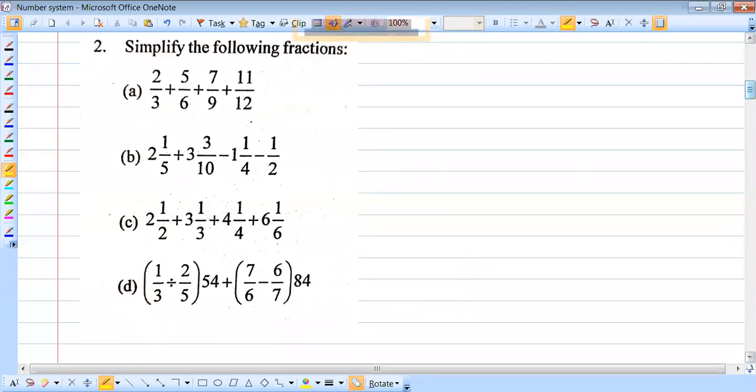Yes, everyone start to simplify. The answer for the first question is 3 1 by 36. One boy is mentioning that. Yes, that method is also called the long division method. Aditya, good. That method is called the long division method. Yes, correct. The previous method we have used it. Simplify the following fractions. Start to find out the answer.